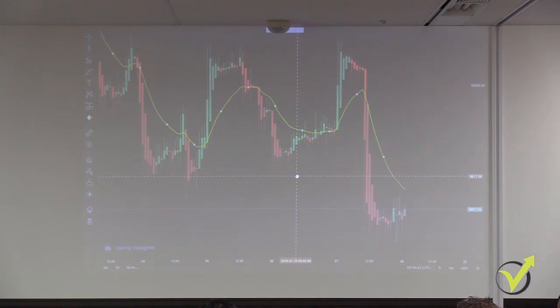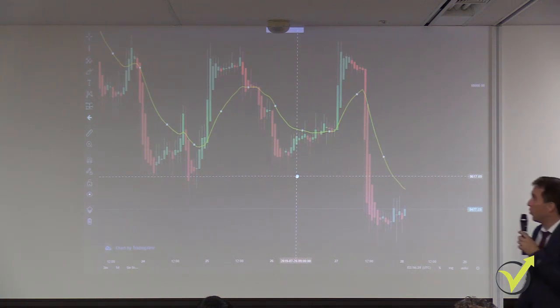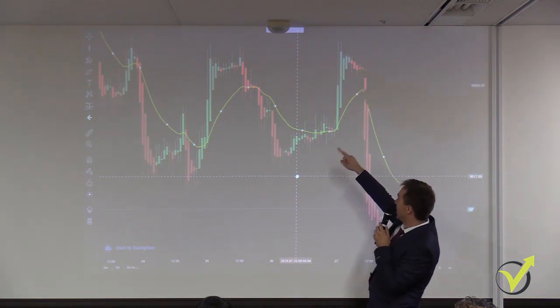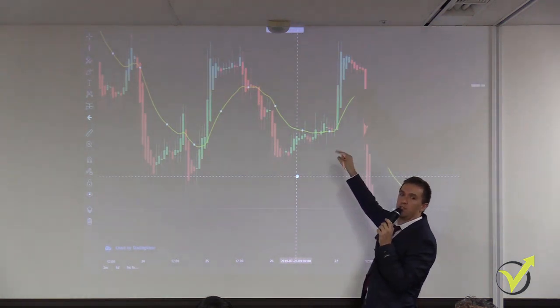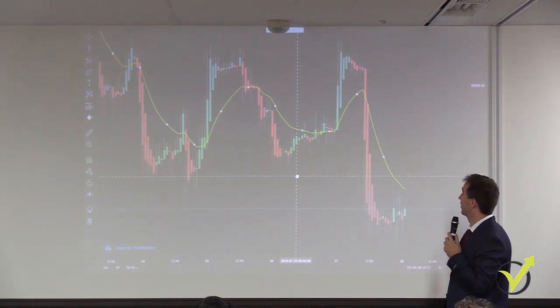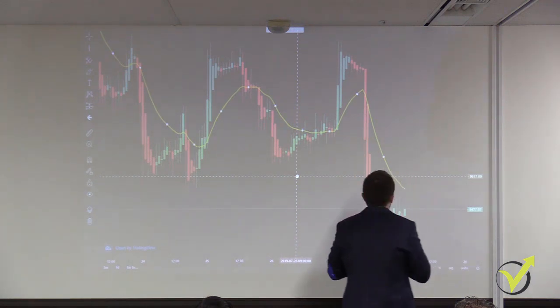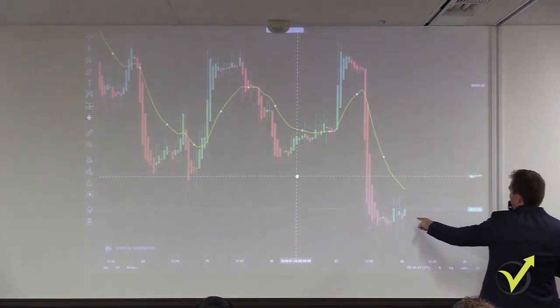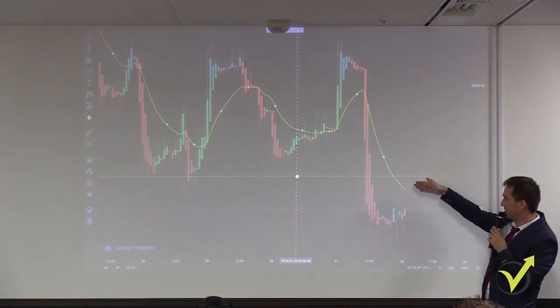The moving average is one more reason to enter. It basically eliminates the time when the price is just staying in a range. For example, you can see here we can sell because it's below the line.